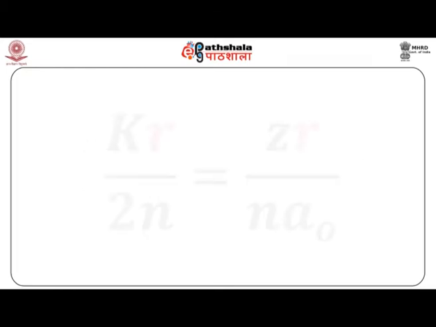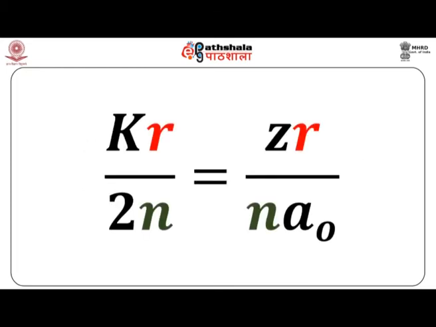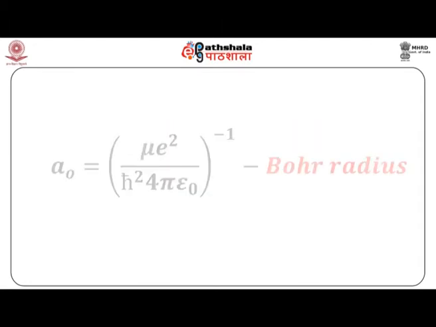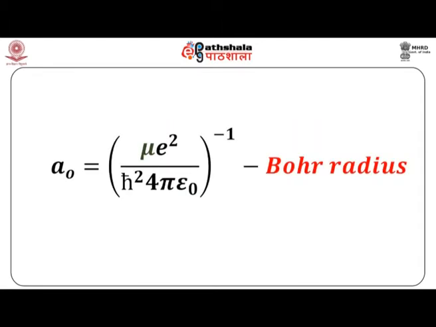And if we simplify it here, this becomes kr upon 2n is equal to Zr upon n a0, where a0 is mu e square upon h cross square 4 pi epsilon 0 raised to the power minus 1. This is nothing else but what we call the Bohr radius.